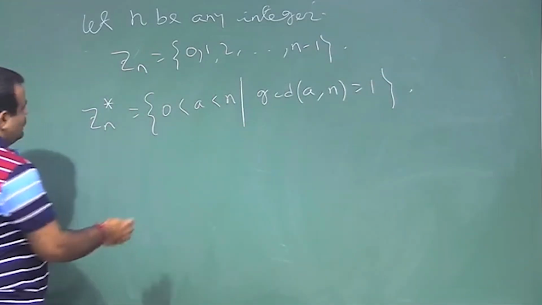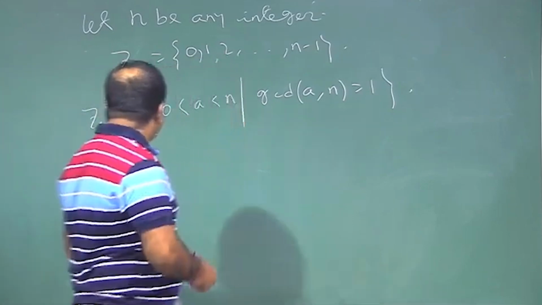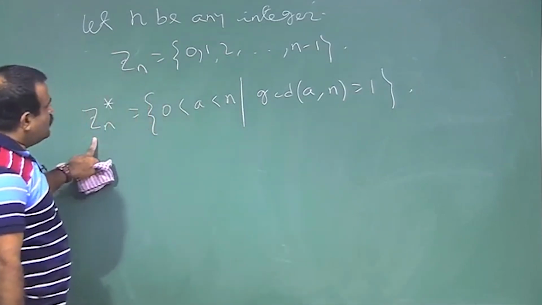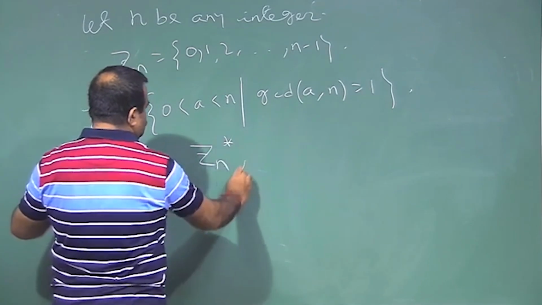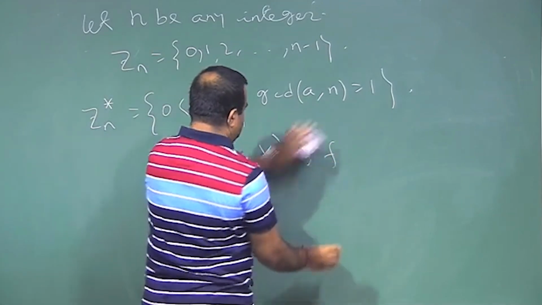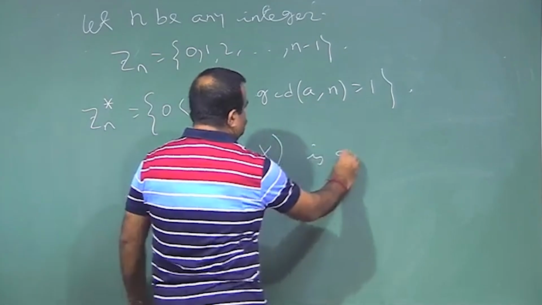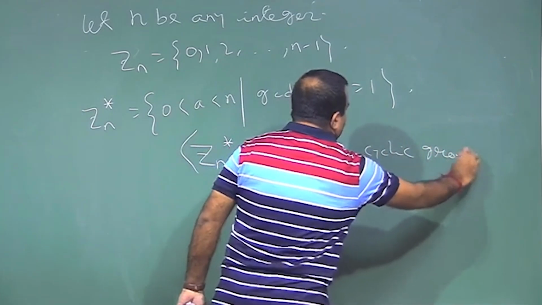Okay. Then for n equal to 8, we have seen that 3, 5, 7 belong to Zn star. So, this Zn star will form a group under multiplication, a cyclic group. Okay.